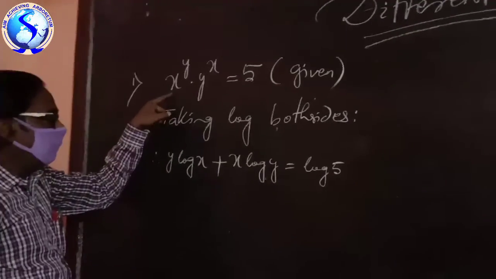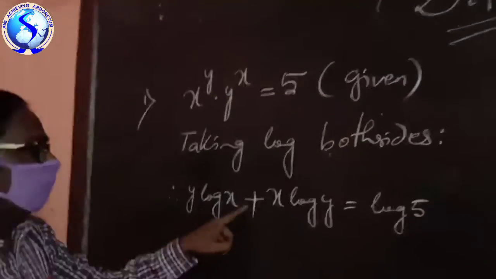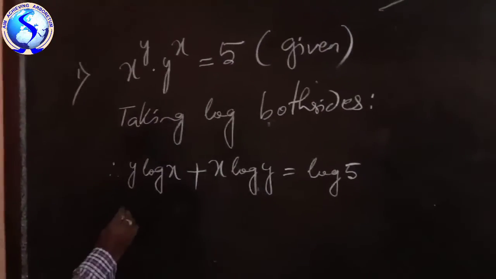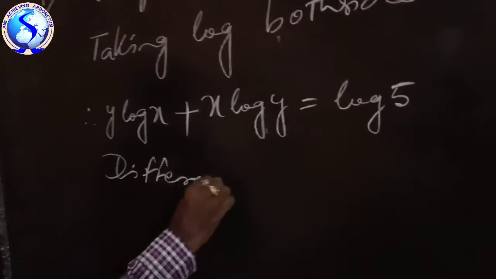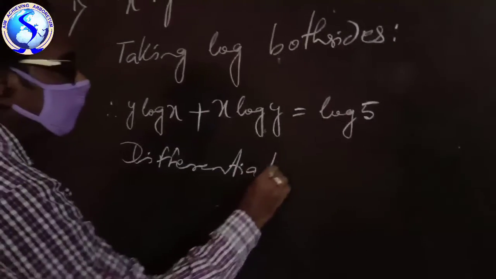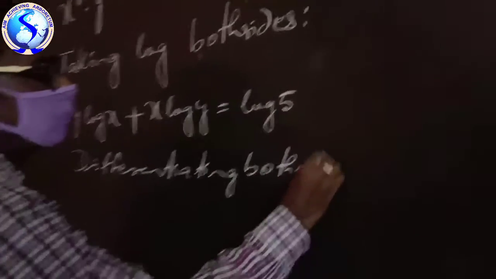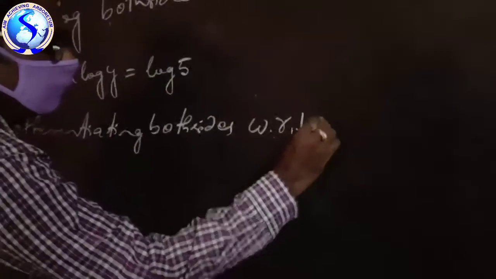Taking log both sides, the function is converted to y log x plus x log y is equal to log 5. Now differentiating both sides. You write the statement here. Differentiating both sides with respect to x.